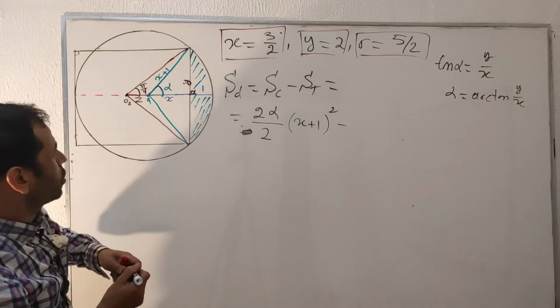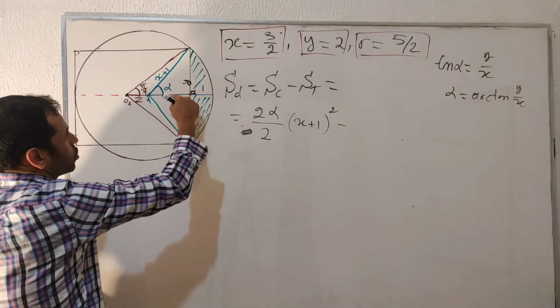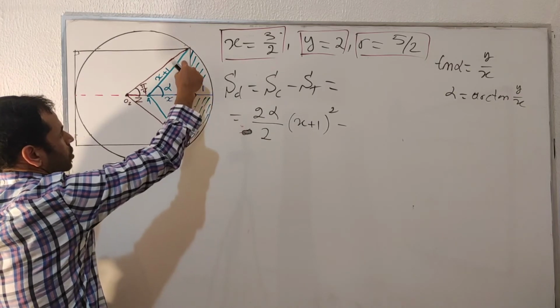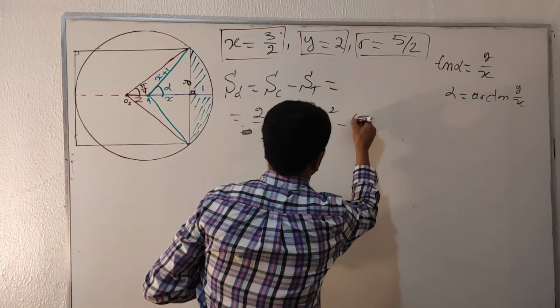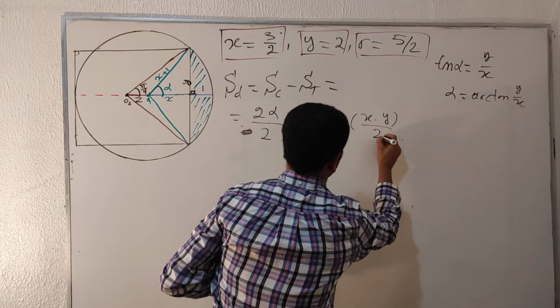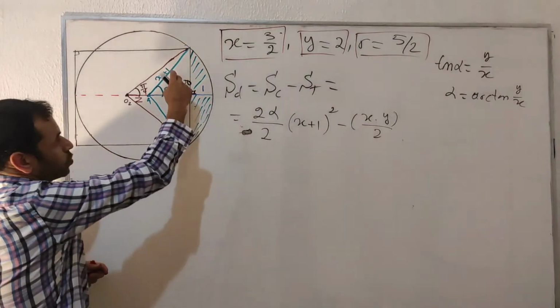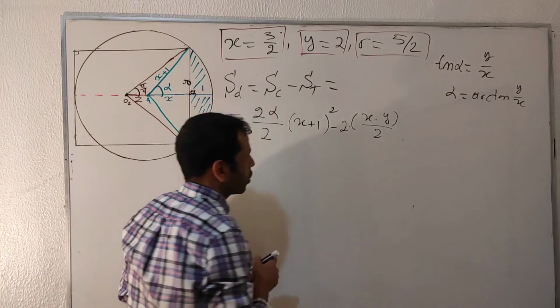We know the area of this triangle is the base, which is x, multiplied by the height, which is y, over 2. You get minus x multiplied by y over 2. But we have 2 triangles here, so we need to multiply this one by 2.